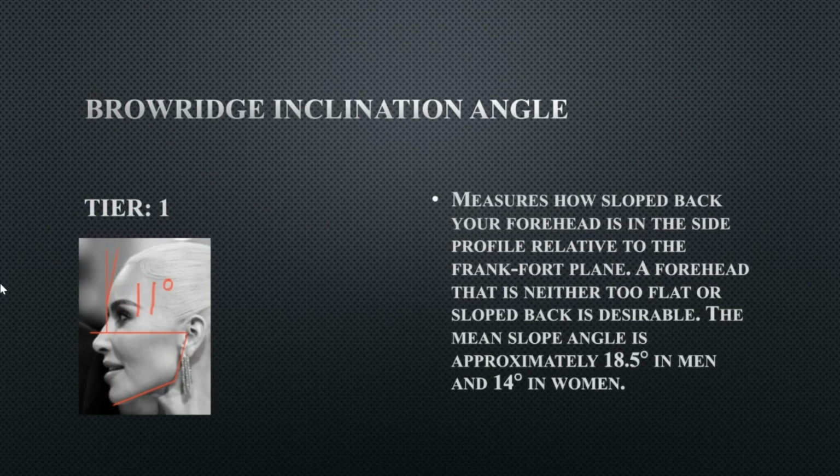So she was extremely close to being recessed. Her browridge inclination angle is a tier 1, at 11 degrees. And this is within the lower range for a female, but still this is ideal nevertheless. And she does have a good enough browridge inclination. And this line right here is perpendicular to the Frankfurt plane angle. So this is the Frankfurt plane angle, and this line is perpendicular to it.